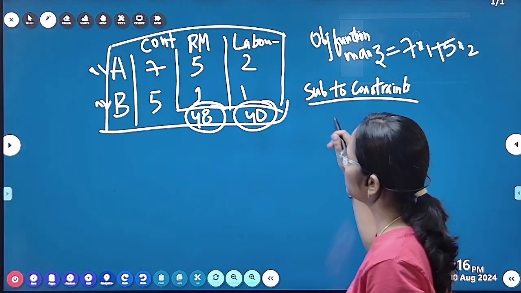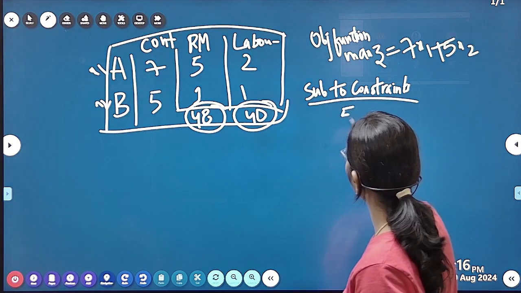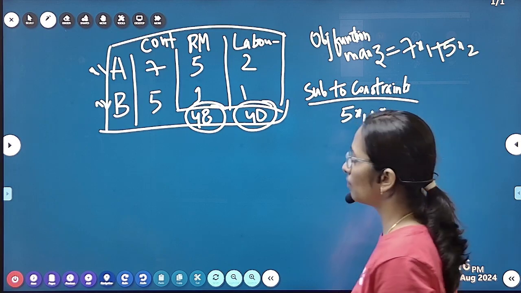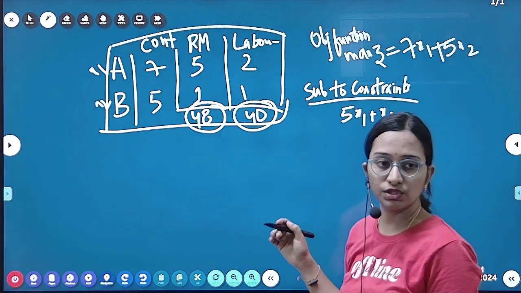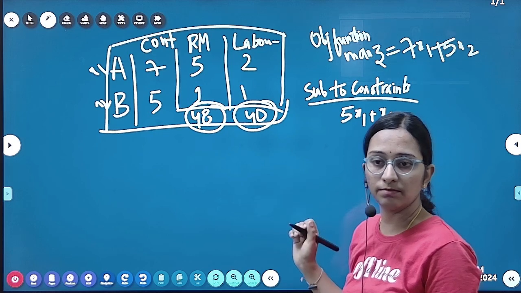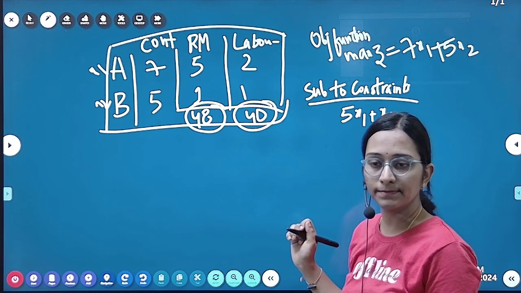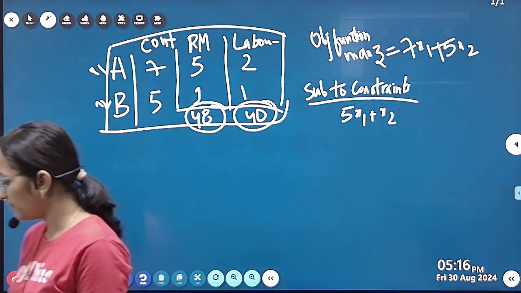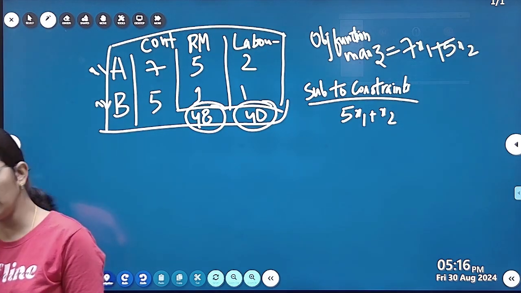Tell me the first one. What symbol should we take, greater than or less than? What is given? Availability of raw material and labor.